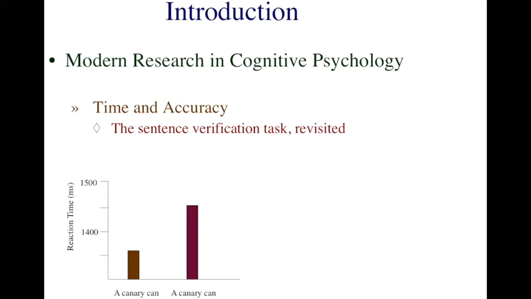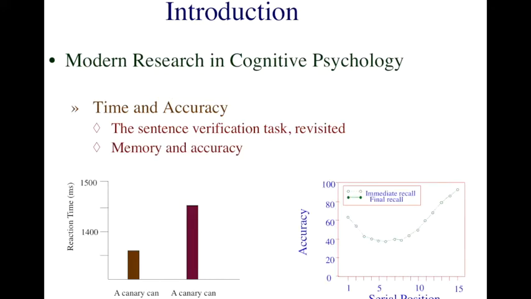In this task, participants are presented with a very simple statement that they have to confirm the validity of. The example we looked at was the difference in time it took to confirm that a canary can fly and a canary can breathe. When doing research in memory, we more often rely on accuracy as a measure.